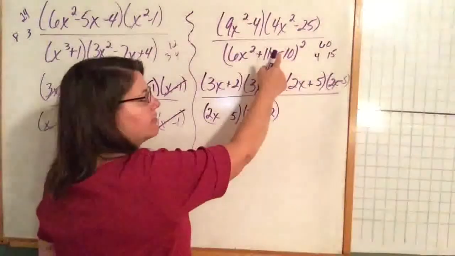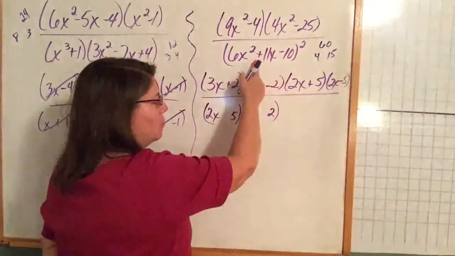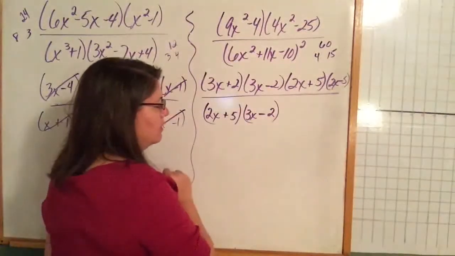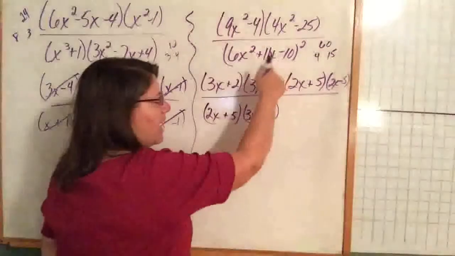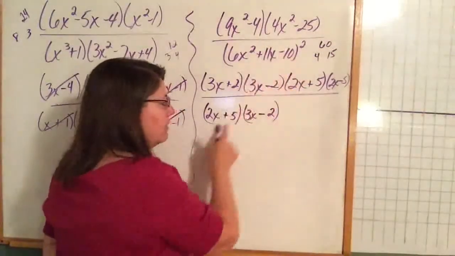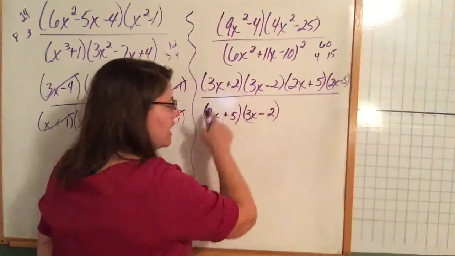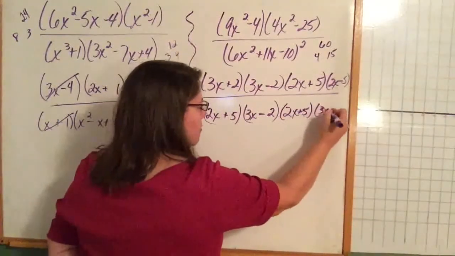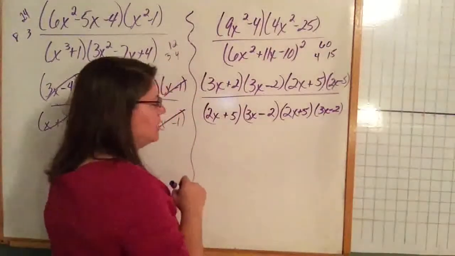And then we need to do signs. They're different signs, and the plus goes with the big number, the 15. So we need a plus 15 and a minus 4. And then that was squared. If that's squared, that just means we need to write each of those down twice. So we've got 2x plus 5, 3x minus 2. And I'm going to then cancel.